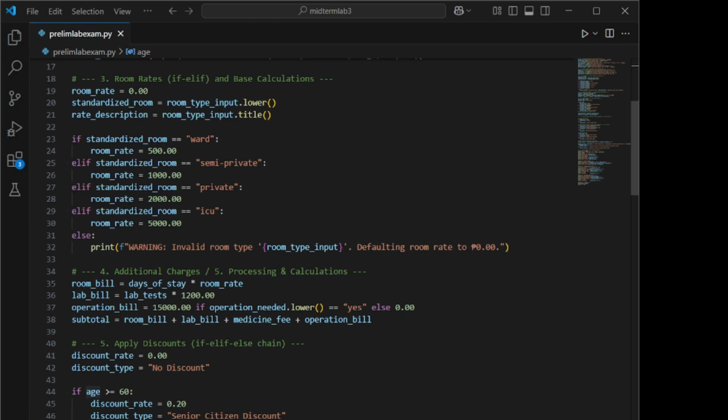Now this is where our logic lives, applying discounts. Discounts often have a priority hierarchy, and in Python, we handle this by putting the highest priority rule first.